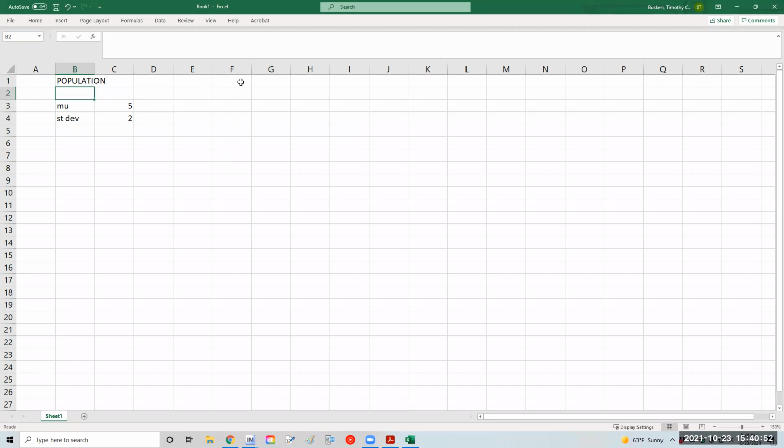And let's let sample size be a variable here. We'll take some different values of sample size. Let's just do it like this, differing by 5.